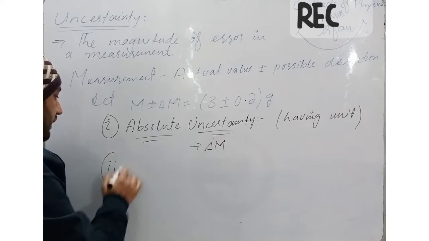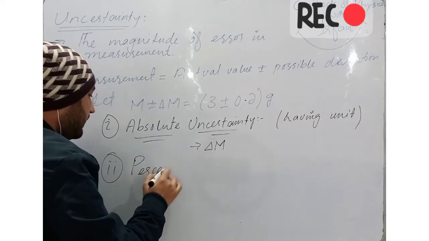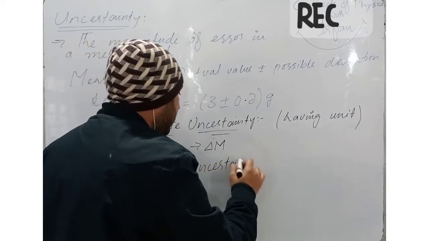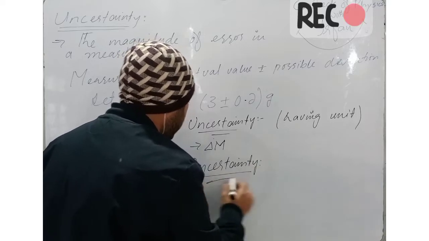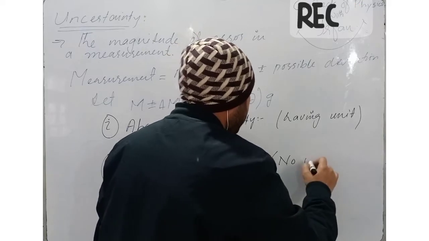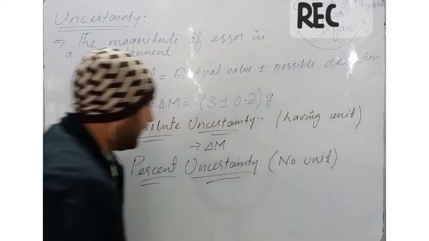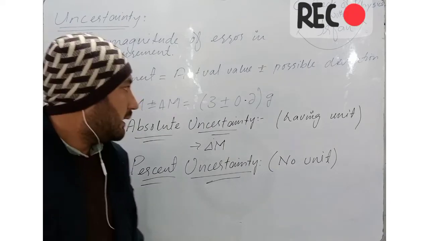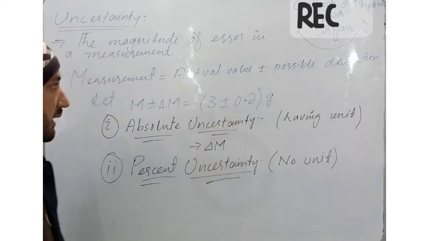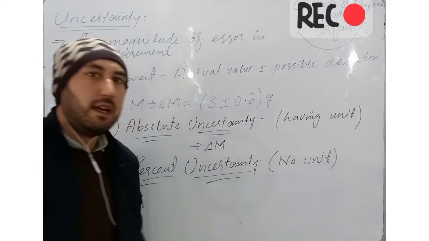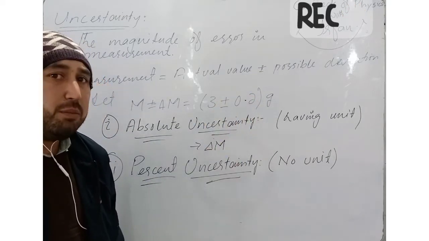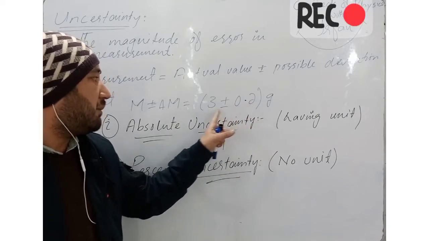The second one is percent or relative uncertainty, also called percentage uncertainty. It doesn't have any unit. Here we find the total percentage uncertainty in any given measurement. Like if we have 0.2 gram uncertainty in our measurement, then we are interested in finding what percentage this value is of the total value.